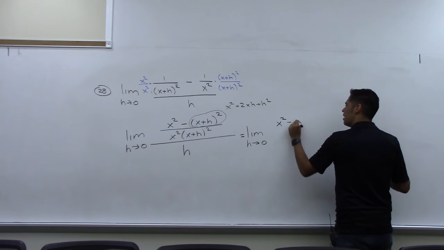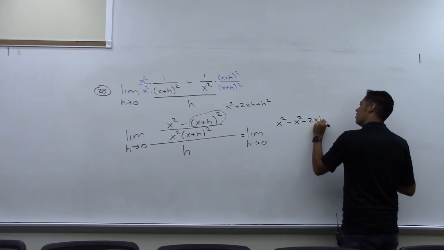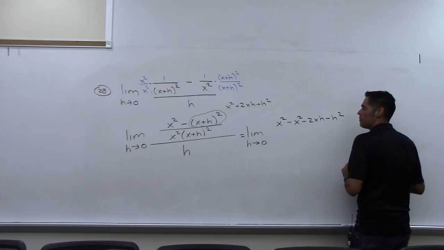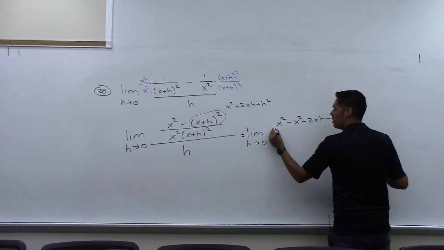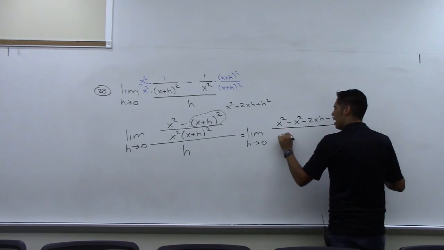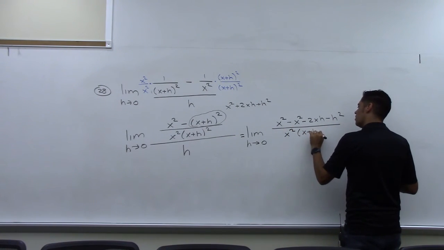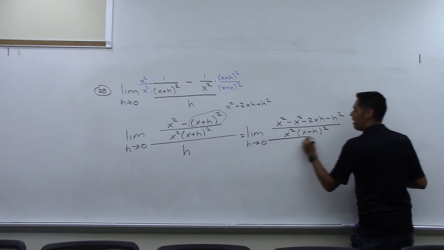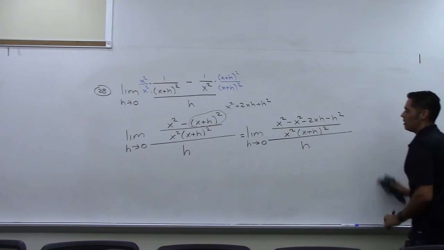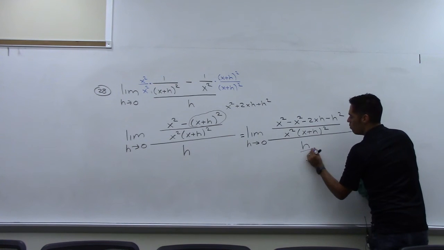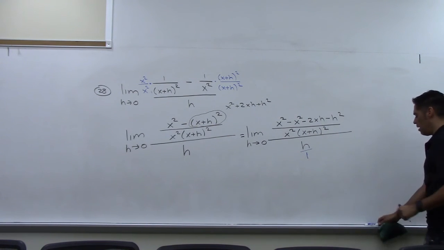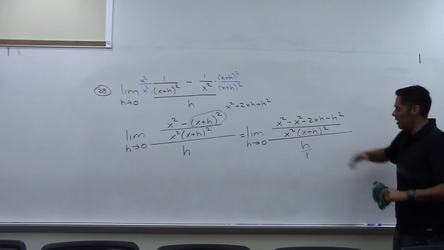So you're going to get minus x squared minus 2xh minus h squared. So that's what the numerator is, over the x squared times (x plus h) squared, but all of that over h. And I'm even going to put this as h over 1, because that way I'll have some balance. I've got a fraction over a fraction.